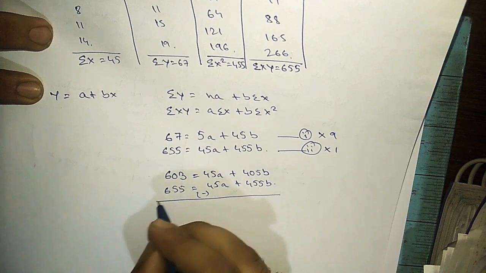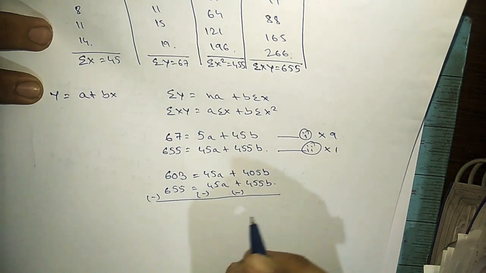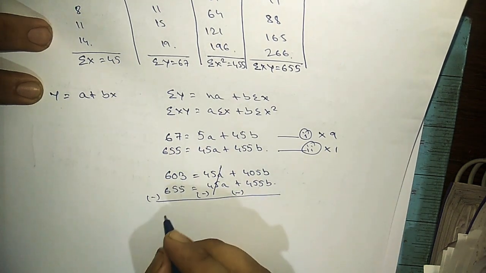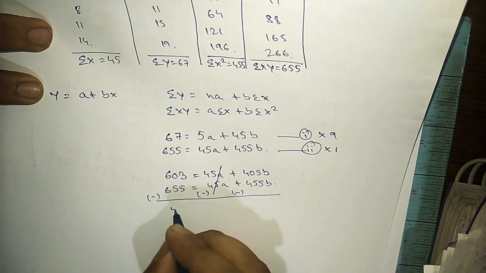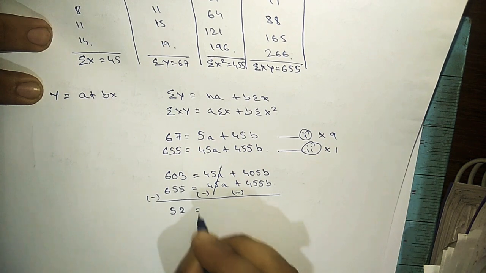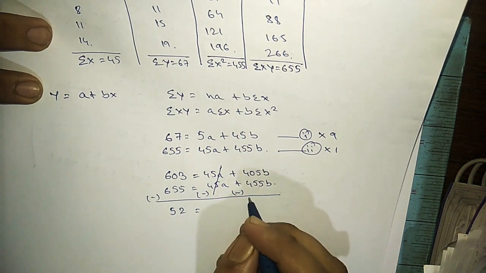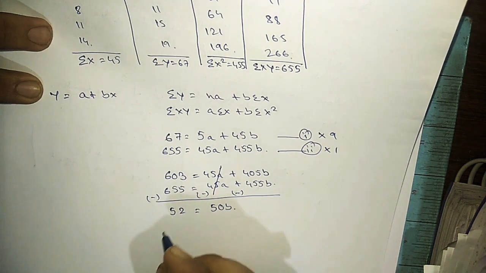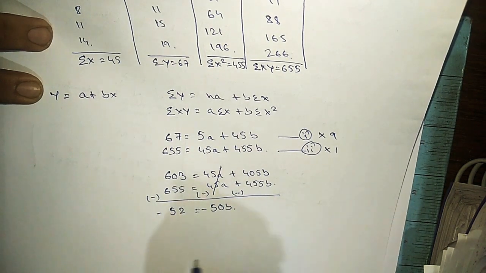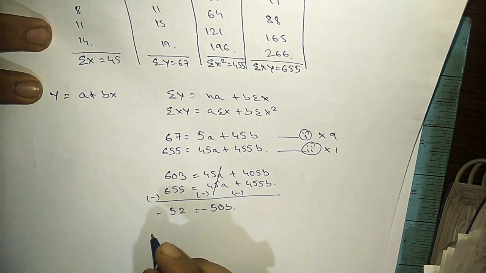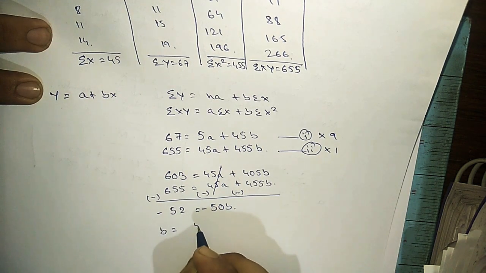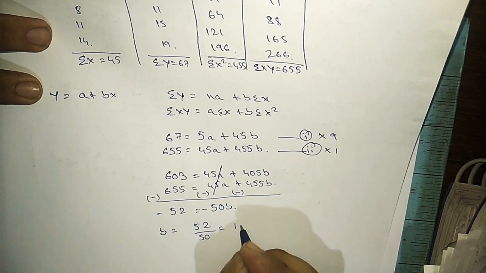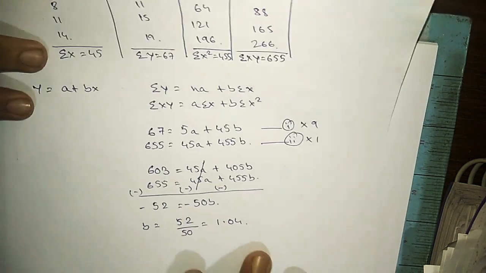Now changing the signs, you all know the simultaneous equation method, how to do it. We get 52 equals 50b. Minus minus cancel, so b equals 52 divided by 50, which is 1.04.